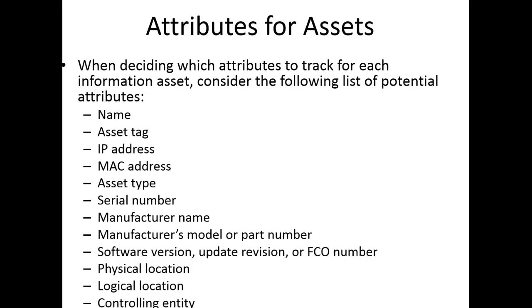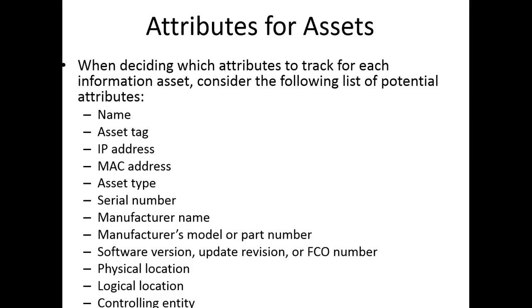For hardware assets, a list of possible asset types could include servers, desktops, networking devices, and test equipment. And then serial numbers, which uniquely identify each device, the manufacturer name, the manufacturer model or part number, and software version, basically updated revision or FCO number.